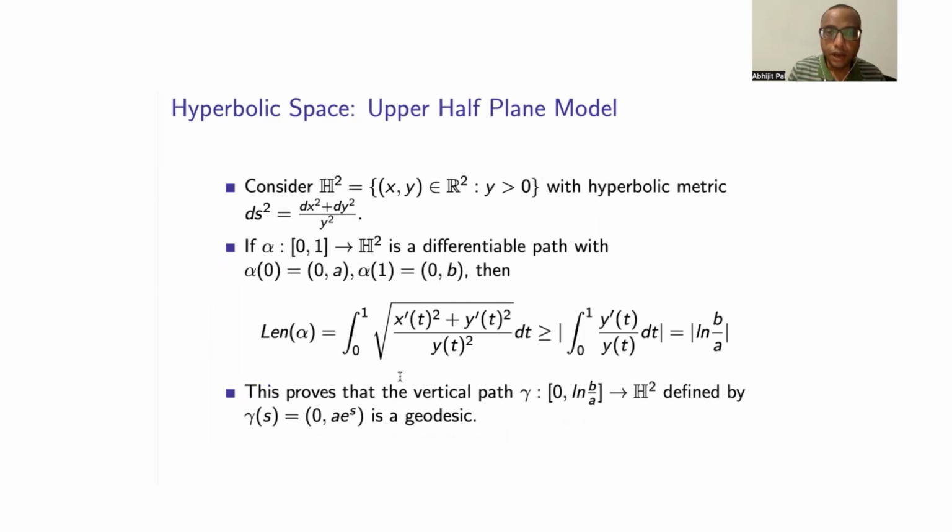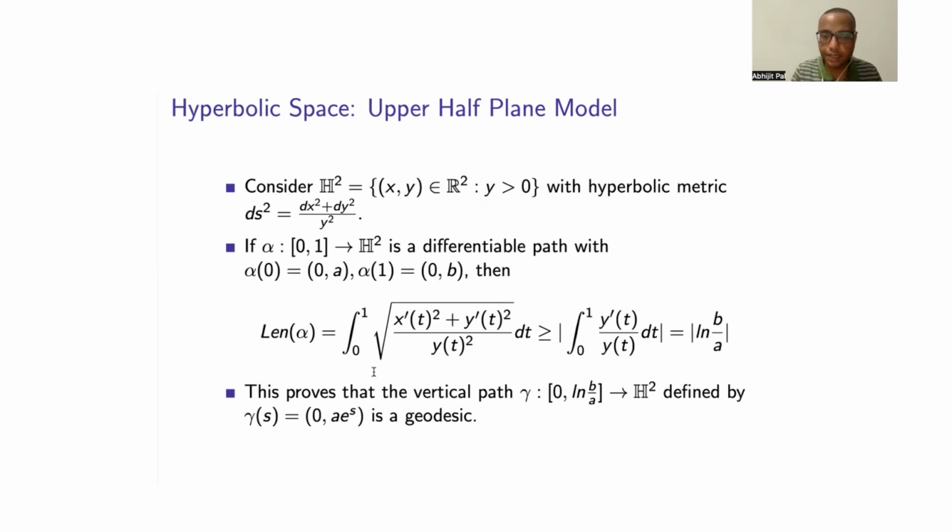Okay. So now let us again see the upper half plane model of hyperbolic space. We started with the upper half plane, and we put this hyperbolic metric, ds squared equal to dx squared plus dy squared by y squared. Given this metric, you can compute the length of any path alpha.